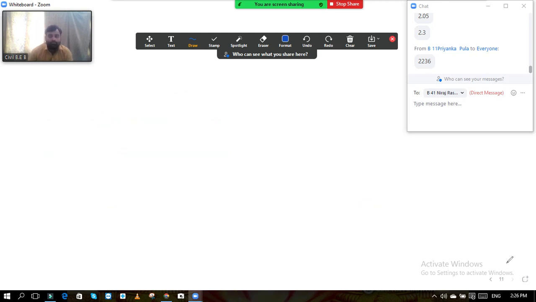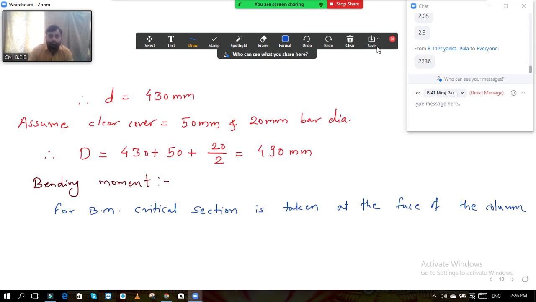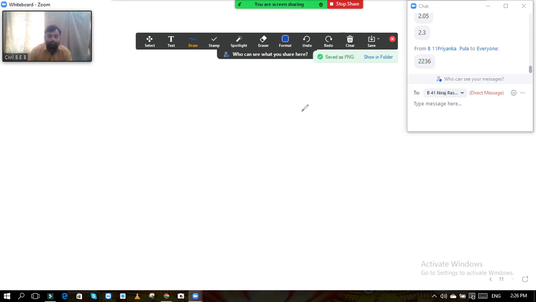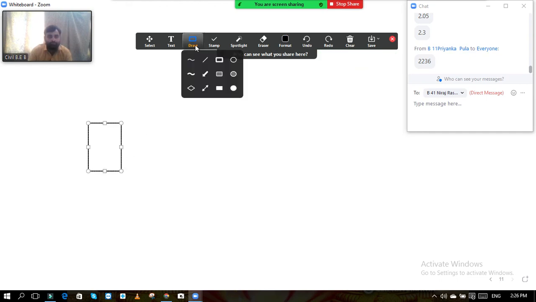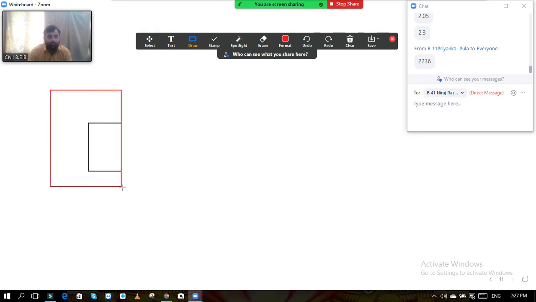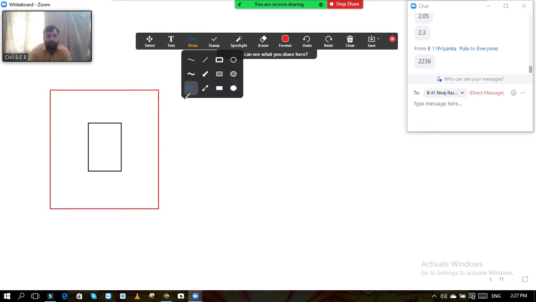Now I will draw the diagram once again. Here it is the column, the footing, and all the dimensions.